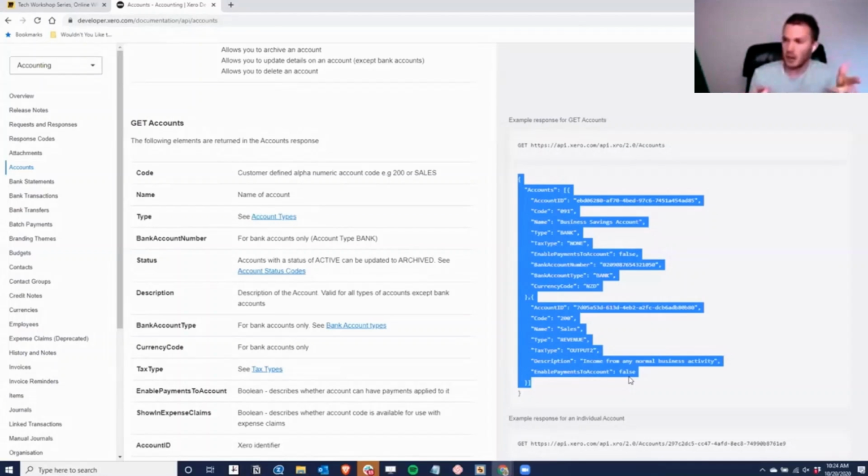Zapier doesn't let you do that. Xero's API, I actually don't think lets you get bank balances, but QBO's does. So the first place to look is you can actually go in and look at the API documentation yourself and say, is this something that's even possible on this platform? The tools that we use as gateway tools to APIs, like Zapier, are touching on a tiny, tiny fraction of what's possible with these APIs.